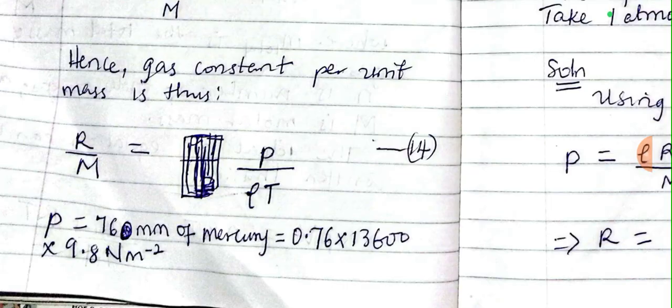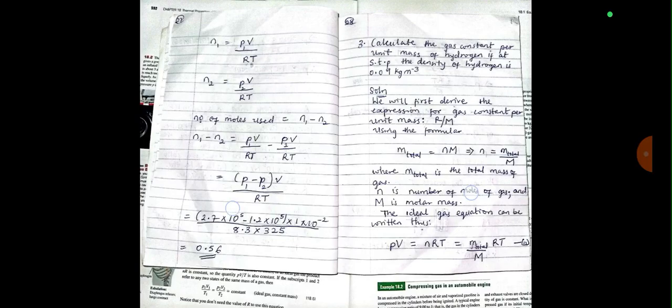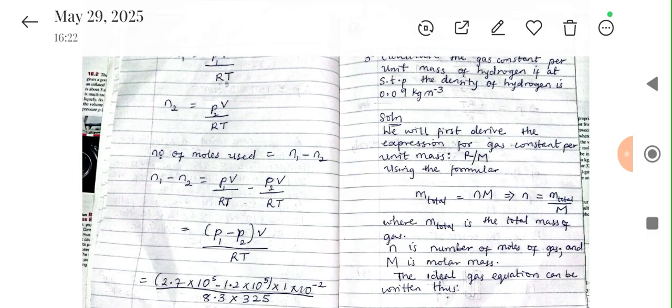These are the values given. Pressure is given as this because you're told it is 1 atm. Calculate the gas constant per unit mass of hydrogen if at STP the density of hydrogen is this.